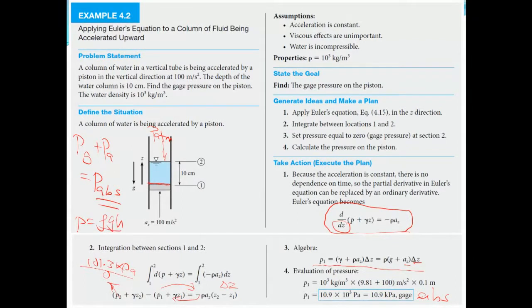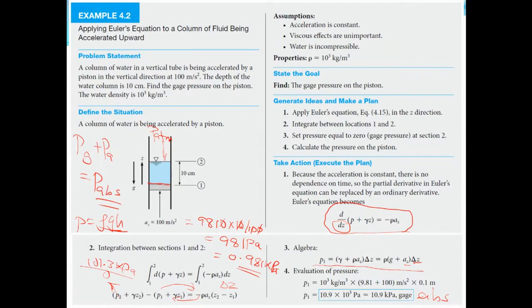The pressure is going to be rho gh, which is 9810 times the height, 10 centimeters divided by 100 to convert to meters. Everything works out to 981 pascal, or 0.981 kilopascal. So this will be the gauge pressure if it is not accelerating, if it is at rest.